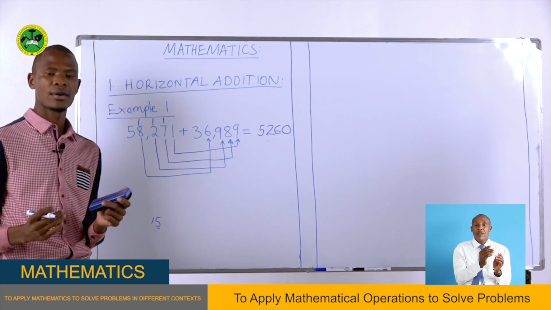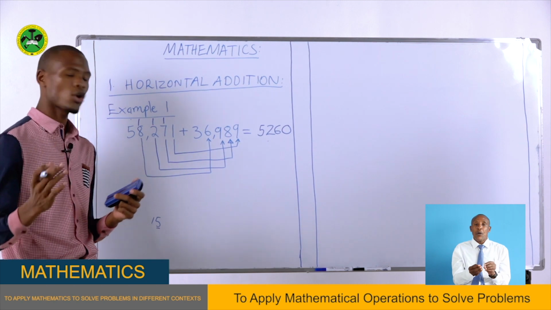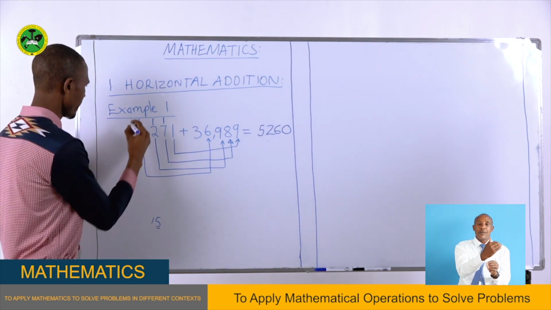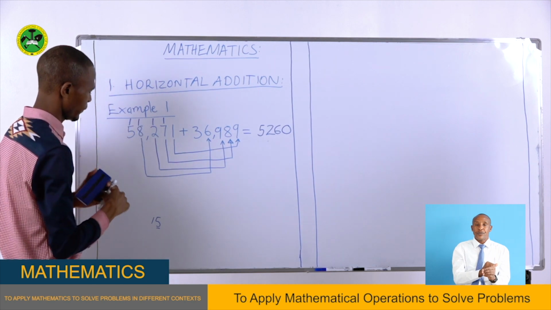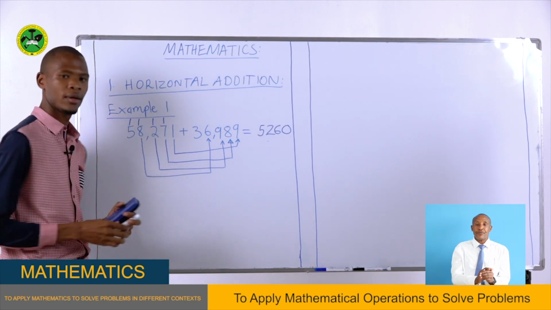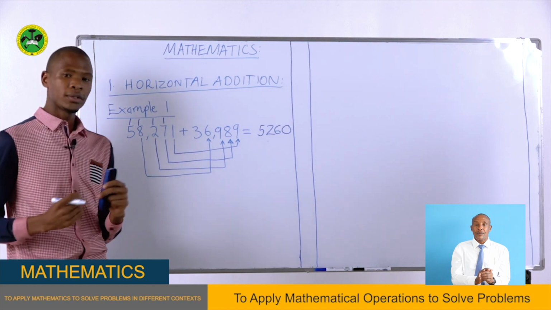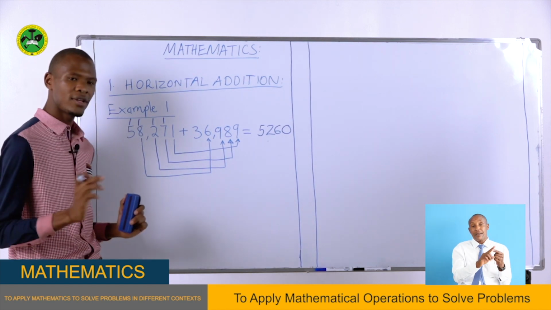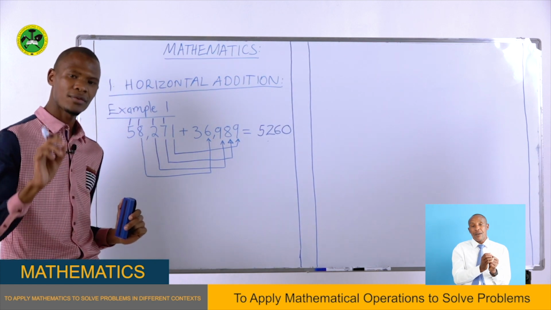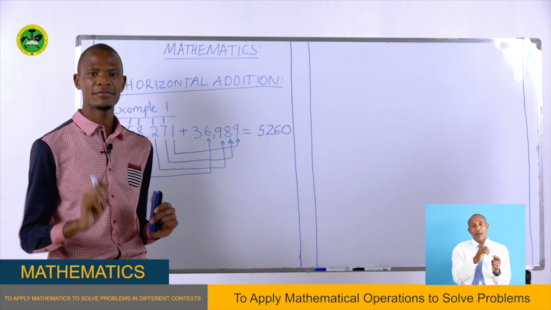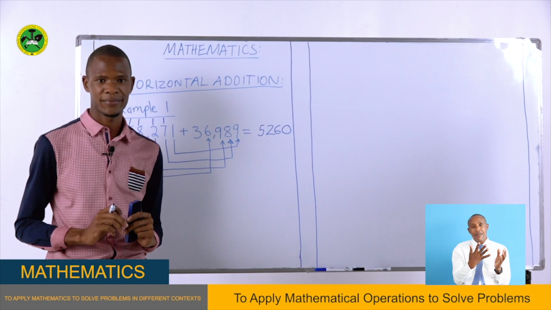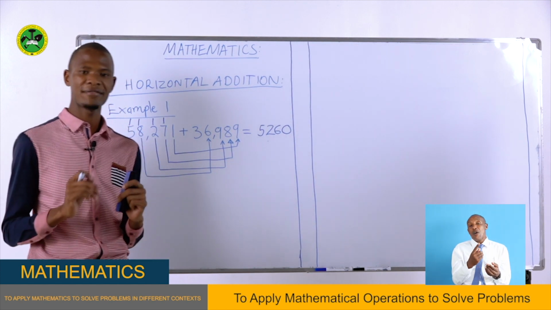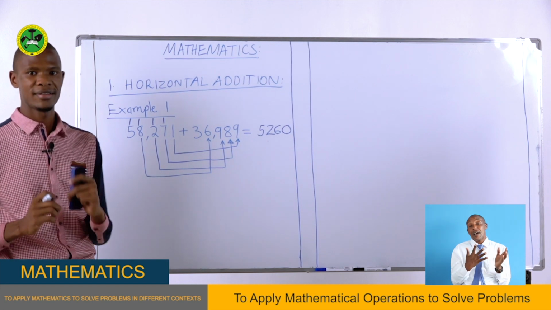This one we put on top of number or digit 5. So here we get 1 plus 5. Dear pupils, what is the sum of 1 and 5? Yes, the sum of 1 and 5 gives 6.